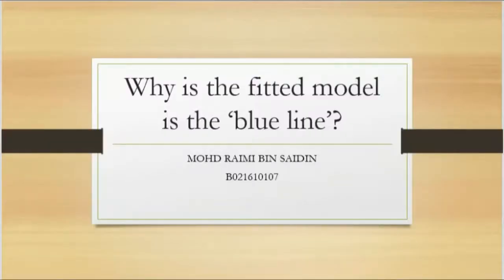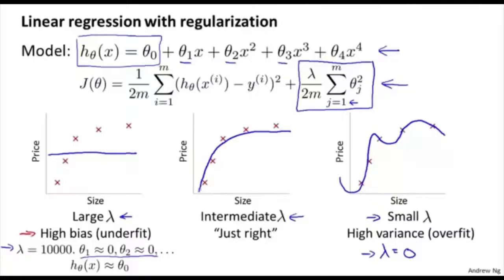So linear regression with regularization has three cases. The first case is a very large value of lambda. We assume that lambda is 10,000. So theta is near to 0, and the hypothesis h theta x is equal to theta 0.